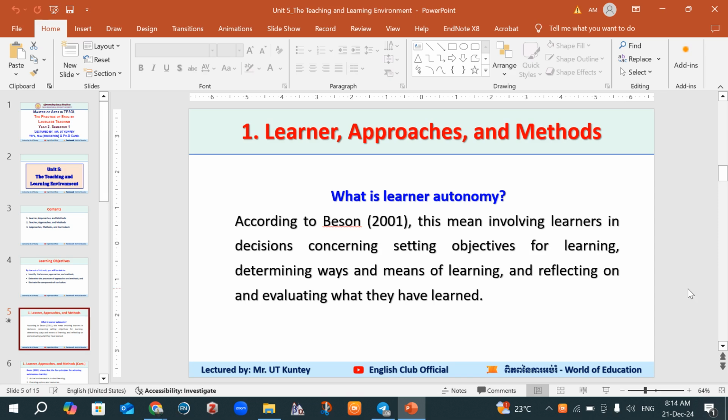It means the learner has to explore his or her learning in a way that is suitable to the objective of his or her learning. Whenever they start learning, the learner has to explore any objectives and any content that is suitable to the learning objective of this or that lesson. This is the definition from Benson 2001.